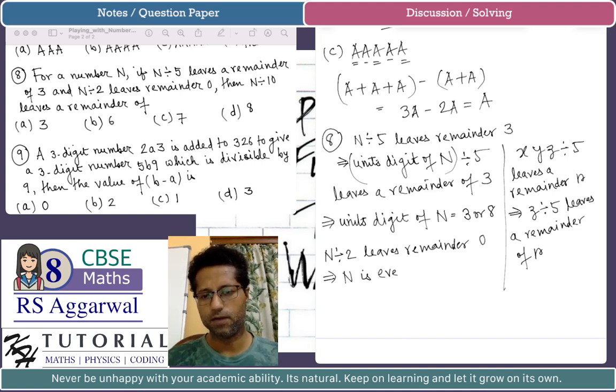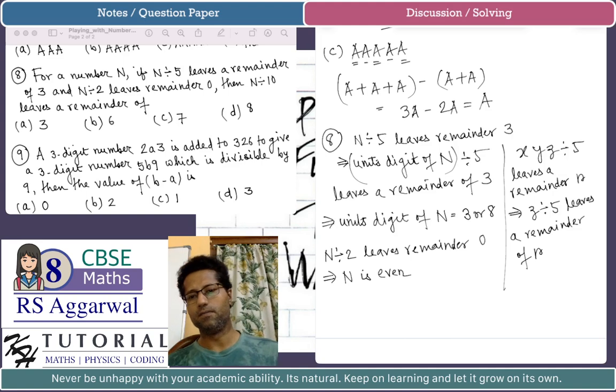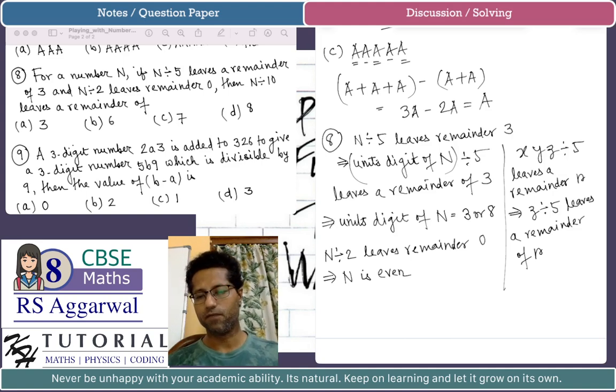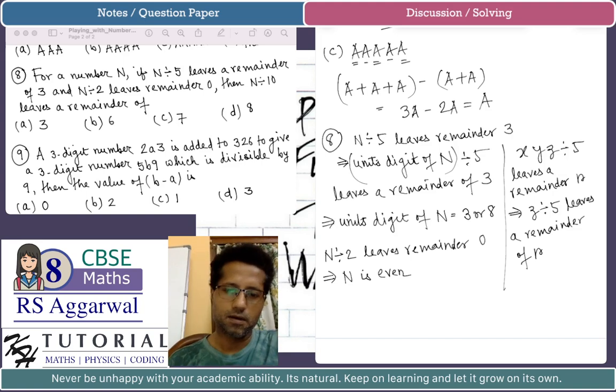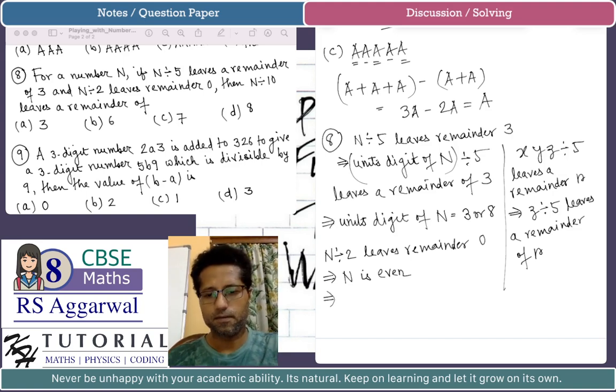Any even number will be perfectly divided by 2, which means in the division there will be no remainder, which means any even number always ends with an even digit. Hence we can say that the number n is even. This implies that the units digit of n is even.